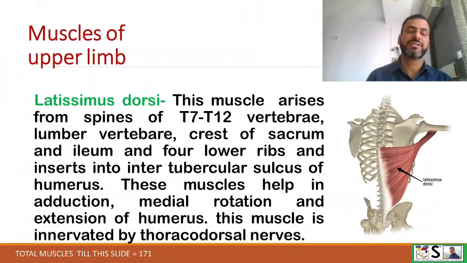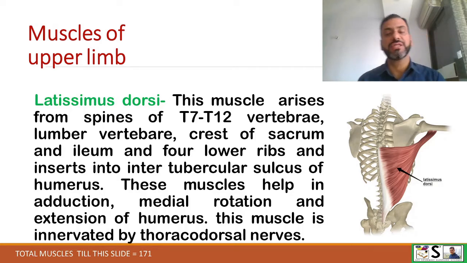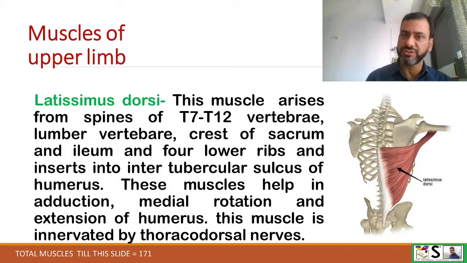Next muscle is Latissimus Dorsi, which is situated mainly at the back. This muscle arises from the spines of T7 to T12 vertebrae, lumbar vertebrae, crest of sacrum, ilium and 4 lower ribs and inserts into the intertubercular sulcus of humerus.